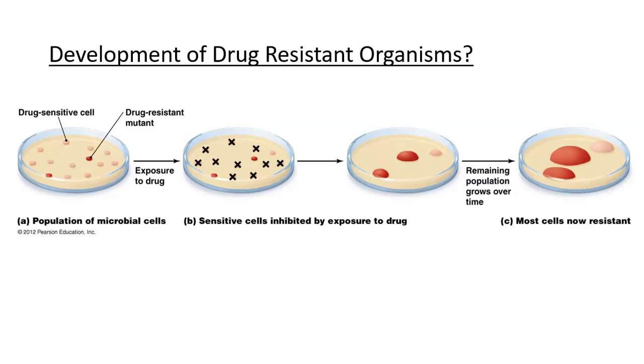You have people, when they're given a prescription, and after a few days they feel better, and so they stop taking the drug, and then they keep it for months, and then when they get sick again they go ahead and take that drug. Well, maybe it was at the minimal inhibitory concentration when they first had it, but after a few months or even a few years the potency of the drug might have been reduced, so now you're using a sub-therapeutic dose, and it's no longer going to work to get rid of that infection.